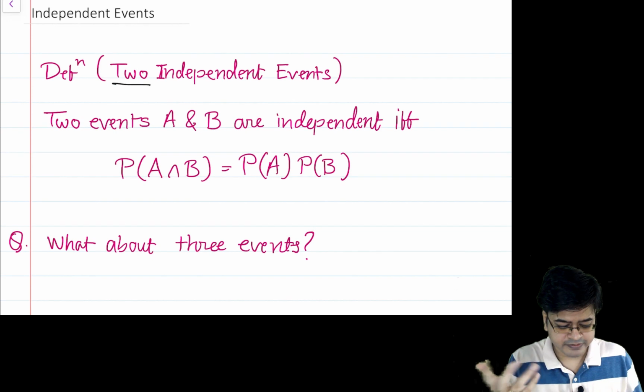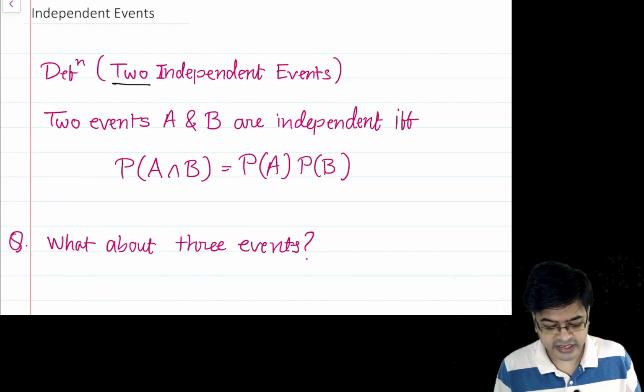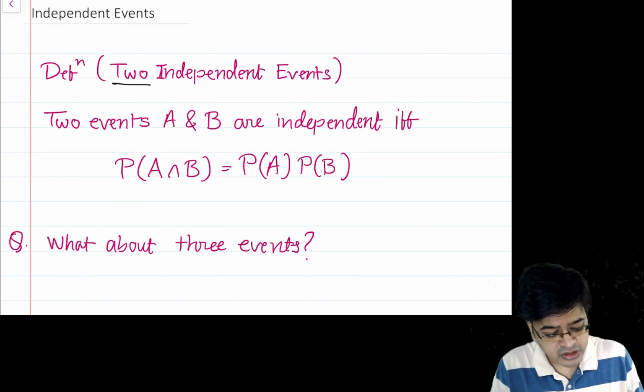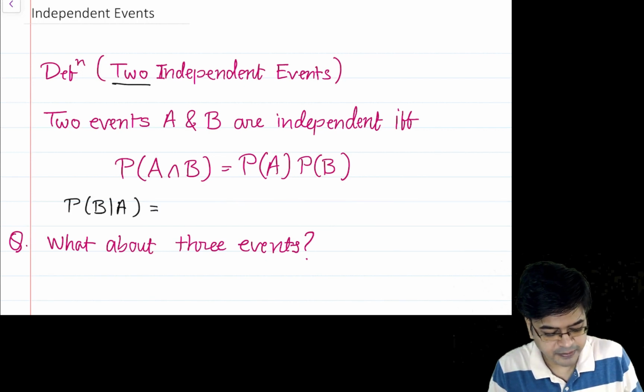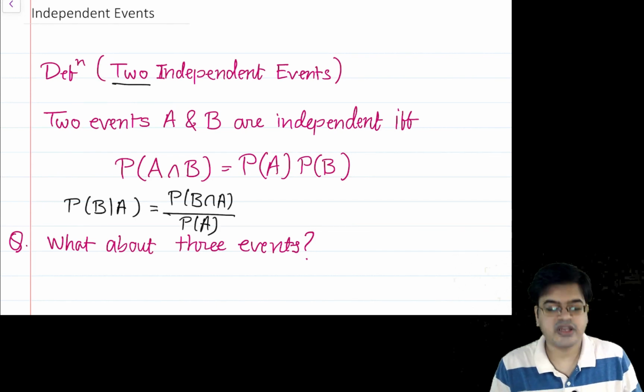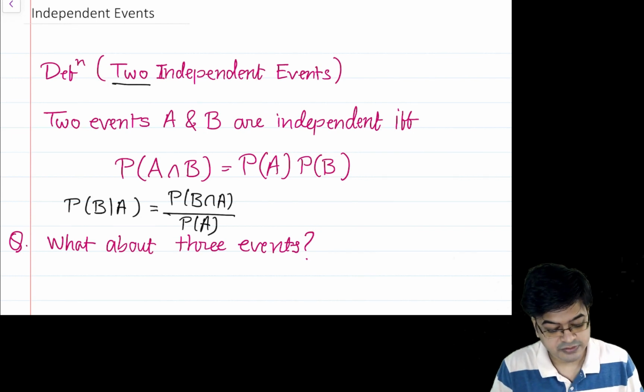So let us look at the general definition of conditional probability, that is probability of B given A. We know probability of B given A is equal to probability of B intersection A upon probability of A, whenever probability of A is greater than 0.